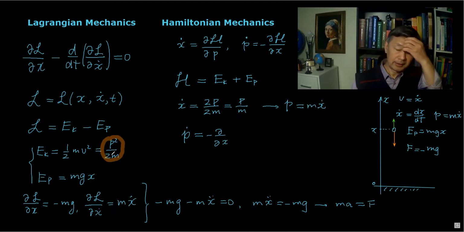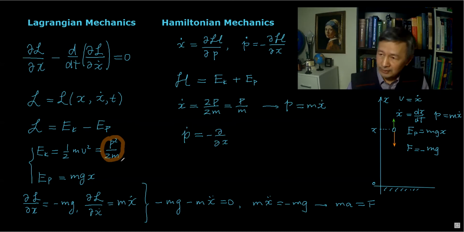In this case, the kinetic energy is independent of the coordinate. Actually, the kinetic energy term is always independent of the coordinate. When you have a system with more than one particle, the interaction among the different particles can be taken into account in the potential energy.